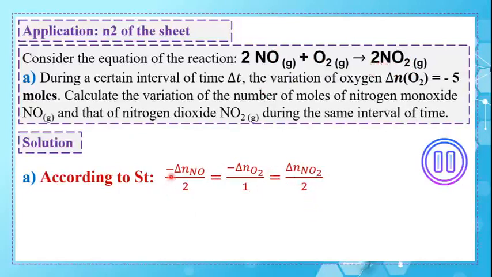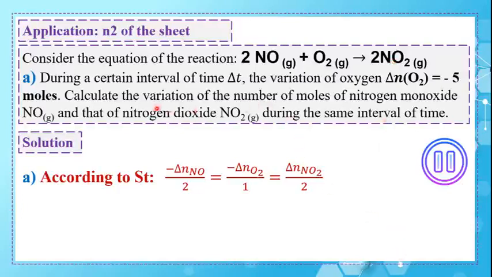If we are going to use delta, we are going to put minus delta n of NO over 2 is equal to minus delta n of O2 over 1 equal delta n of NO2 over 2. The two minus signs here are since delta n of NO and that of O2 are negative, with the minus here we will get a positive value which will be equal to that of NO2, which is a product.